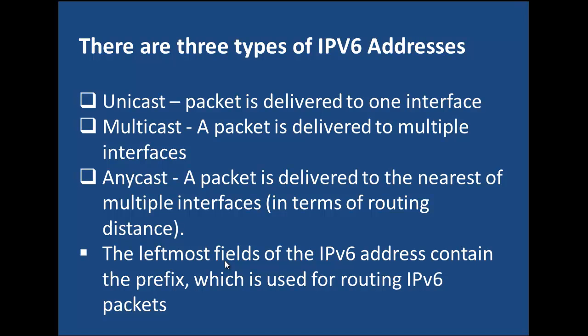In your exam, you will most likely have to identify the type of IP address, and you'll be able to identify the type of IP version 6 address by its prefix. So I want you to pay attention when we're looking at the prefixes for the different types of IP addresses.